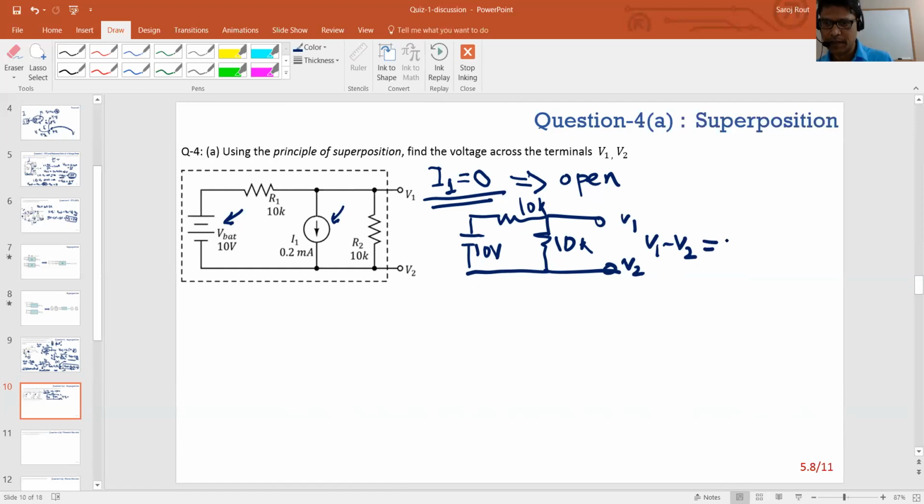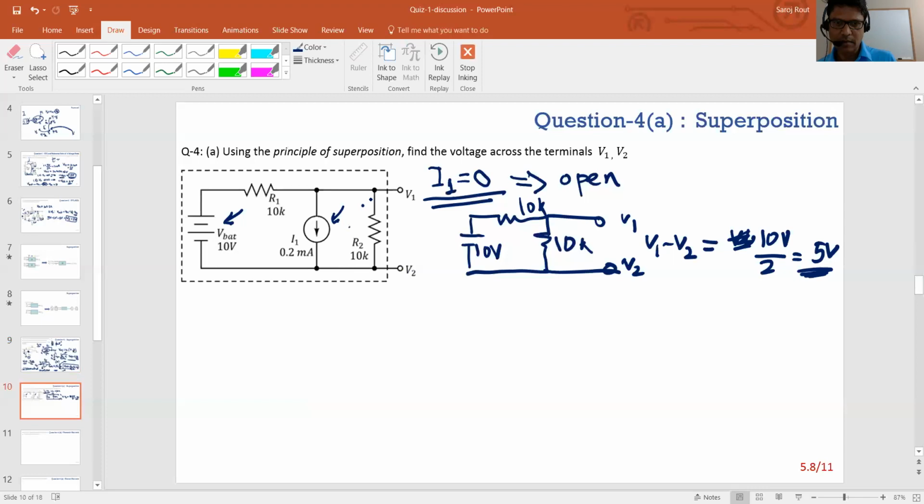This is simply 10 volts over 2, because it's 10K over 20K, and that's 5 volts, right? So that's your one data point, that's like Y1. Now let's find the second one.